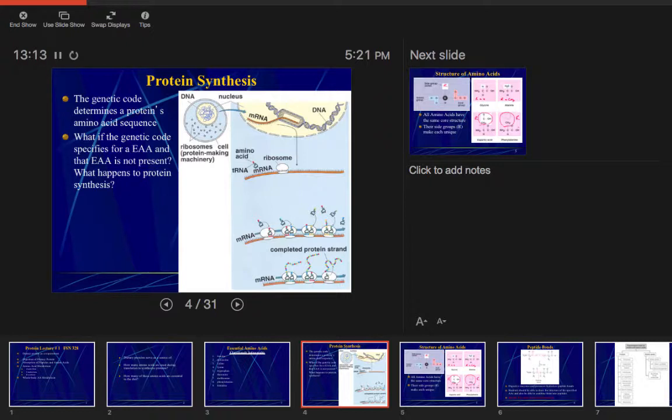If that tRNA in the cytosol is not adequately loaded with leucine, in other words, if leucine is compromised, then that tRNA won't go into the ribosome to continue elongation. So what happens to protein synthesis? Stops. So it's an all or none process.